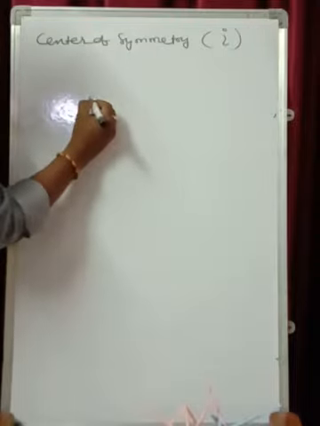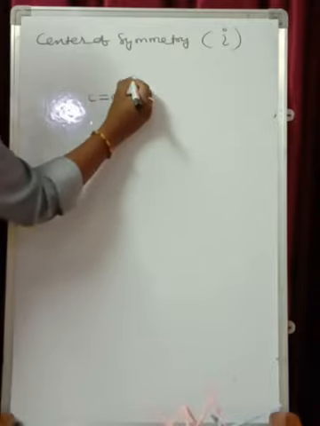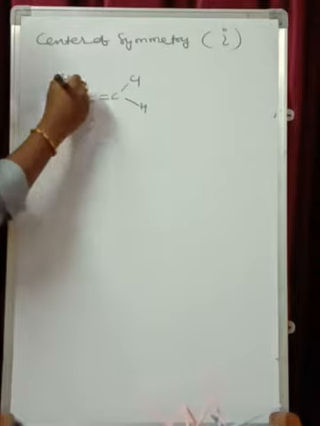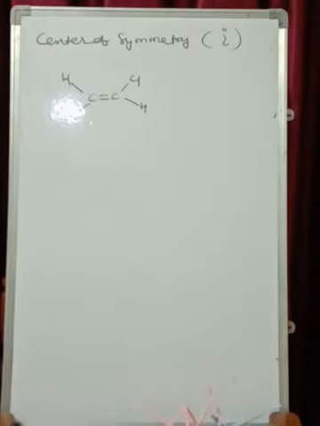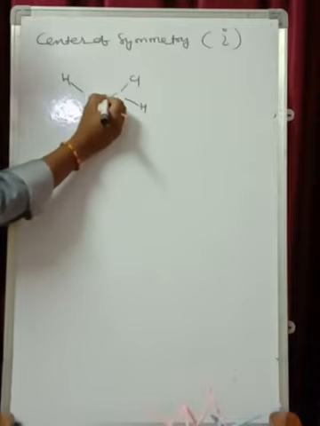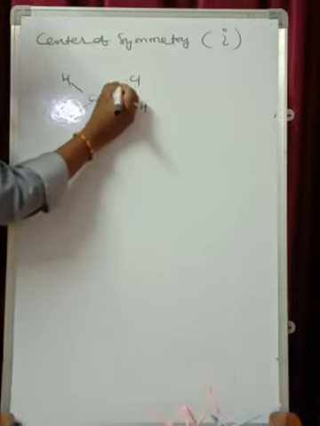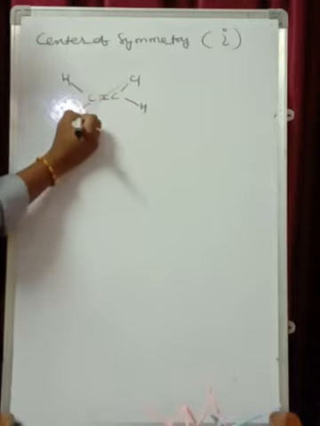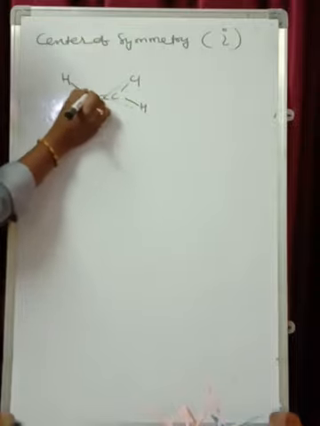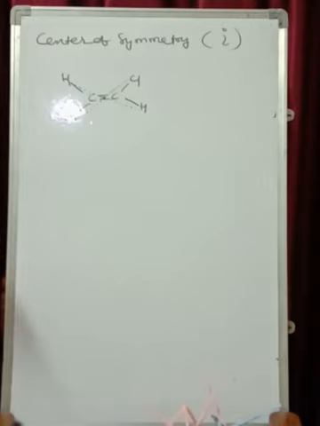Now let us take the example of trans 1,2 dichloroethene. In this molecule, from the center, in opposite directions at equal distances, if similar groups are matching, then we say that the molecule has a center of inversion or center of symmetry.